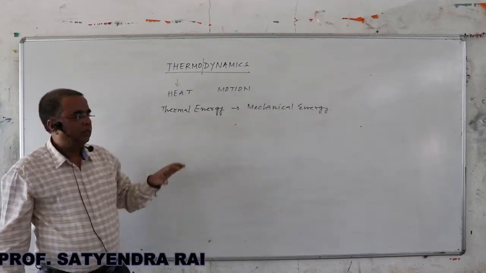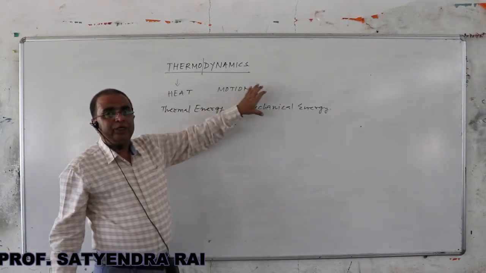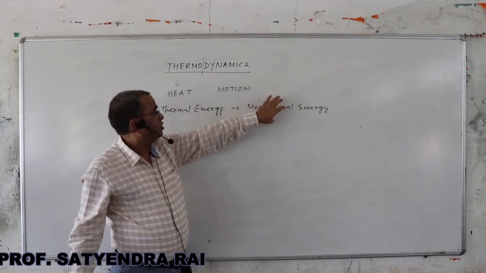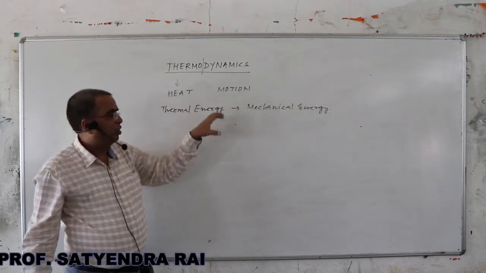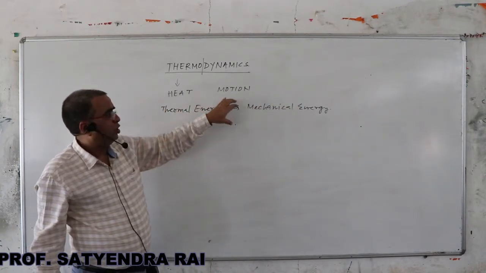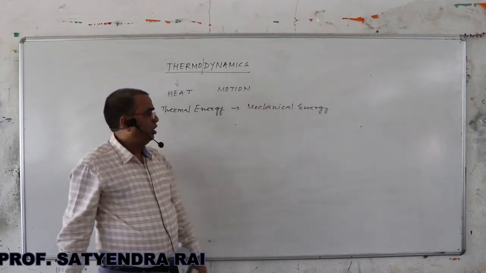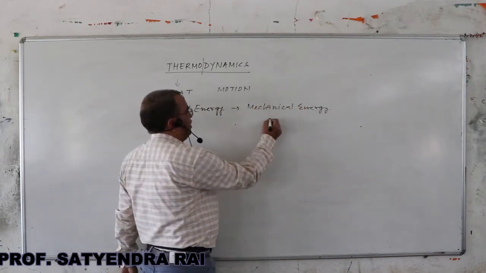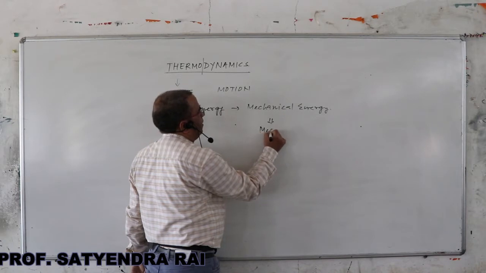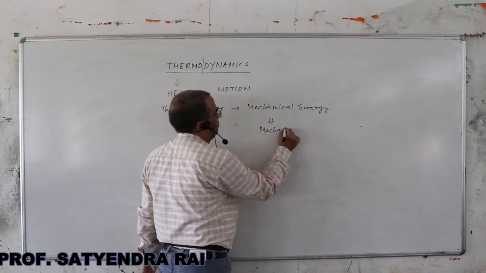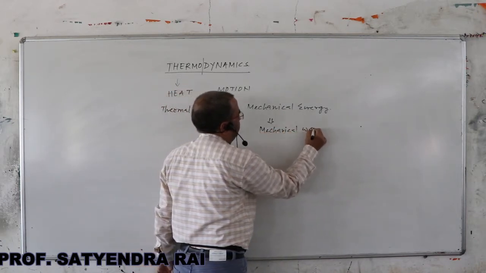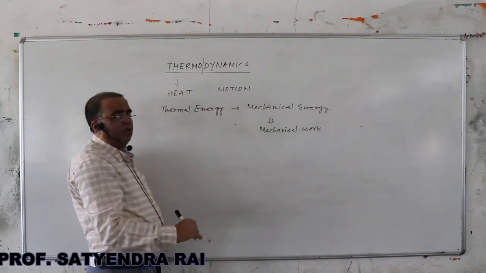So we understand basically the chapter deals with the interrelation between thermal energy and mechanical energy, how one can convert thermal energy into mechanical energy, or how we can use this energy to produce mechanical work.